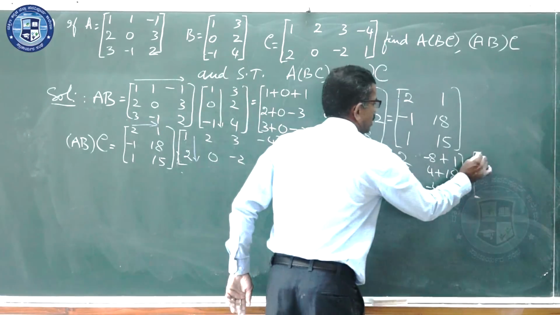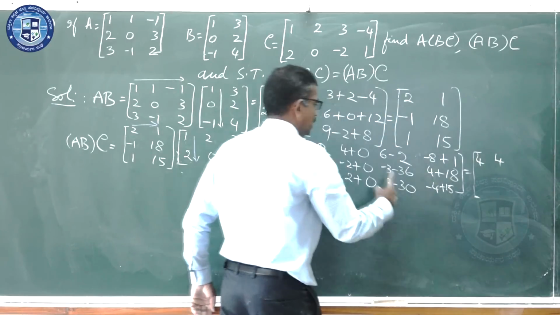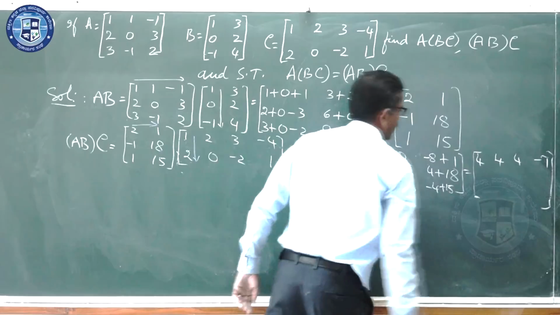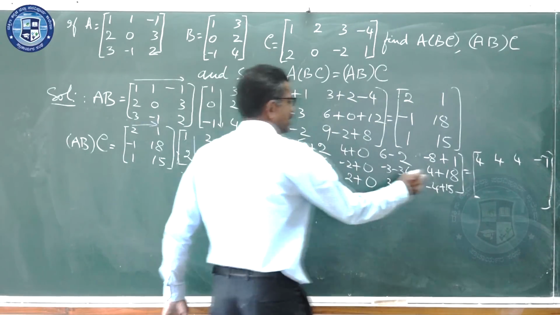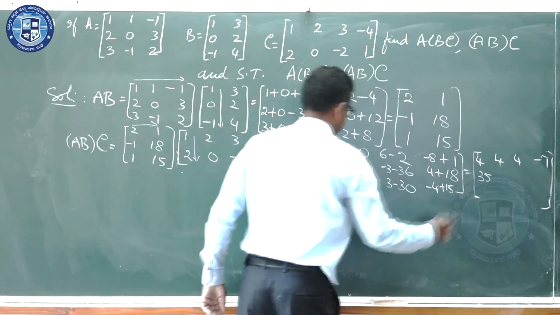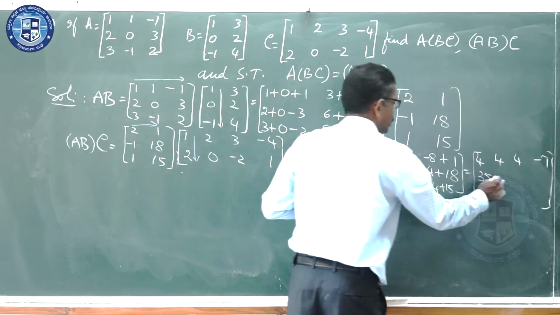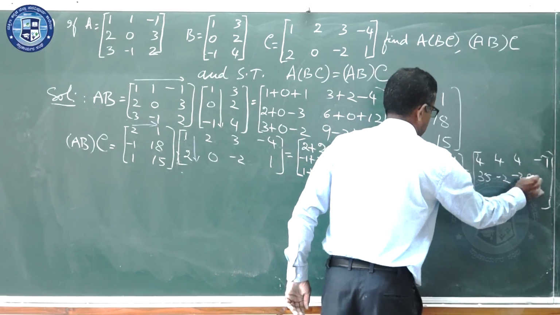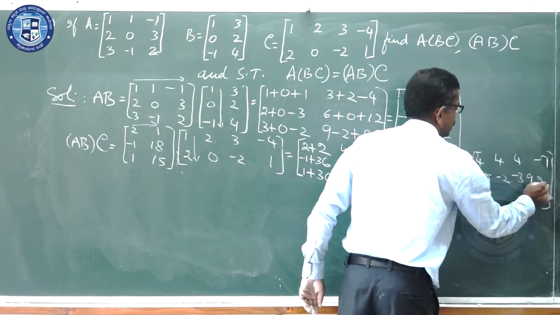First is 4, second is 4, third is also 4, minus 7. Next we have here 35, this is minus 2, minus 39, this 22.